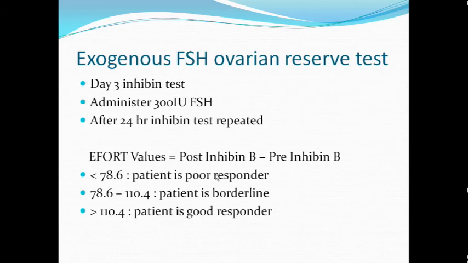The other test is the exogenous FSH ovarian reserve test. Here you take the day 3 inhibin level, then administer 300 international units of FSH, and after 24 hours you check the inhibin level again. The EFORT value is post inhibin B minus pre inhibin B. If this value is less than 78.6, your patient is a poor responder.